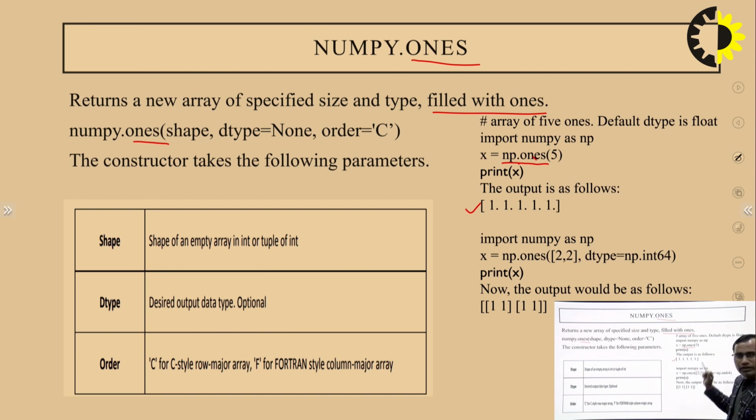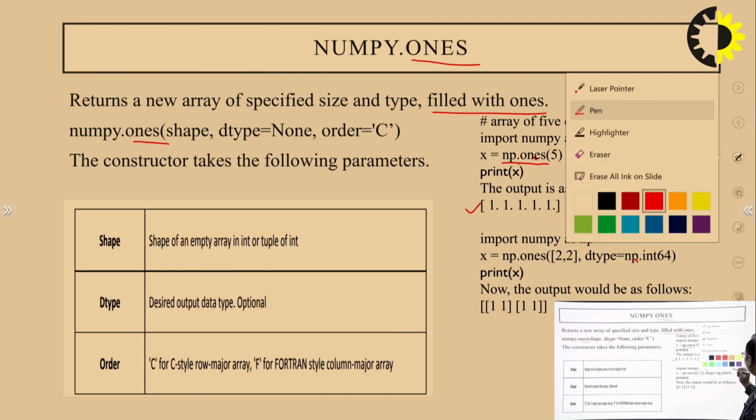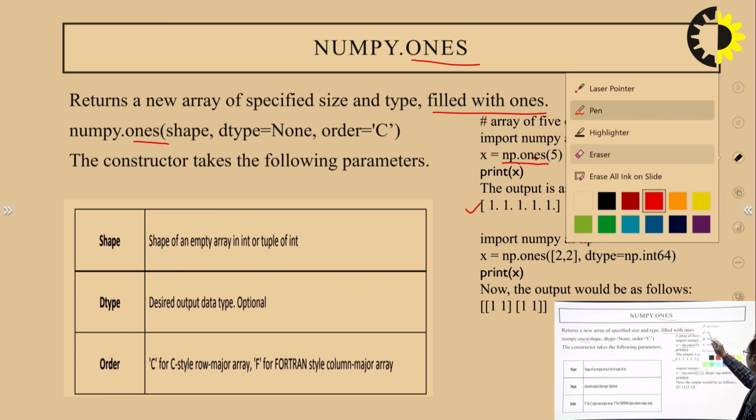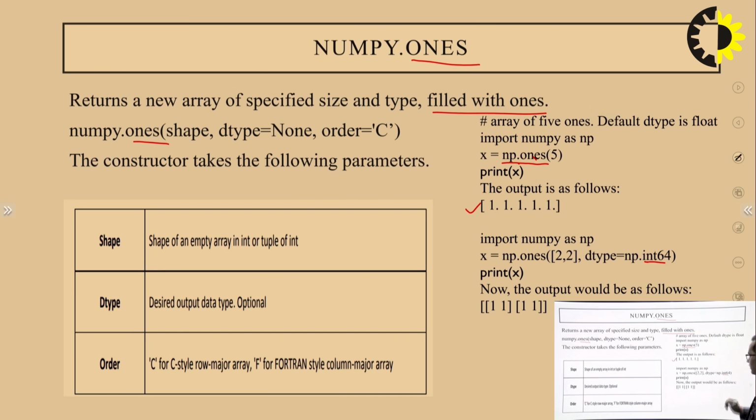That means it's a float data type. If we want to change the data type, we can provide the data type here as a parameter, as np.int64.